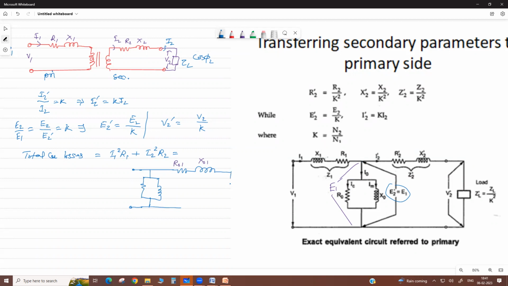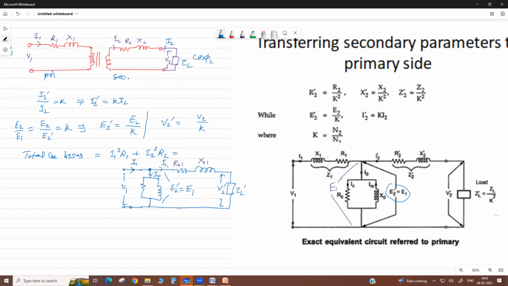Then your load impedance is shown here, ZL dash, this is V2 dash. Here this is your E2 dash equals E1. Here it is your V1. This is your I1. Now at this node, this is your I naught.